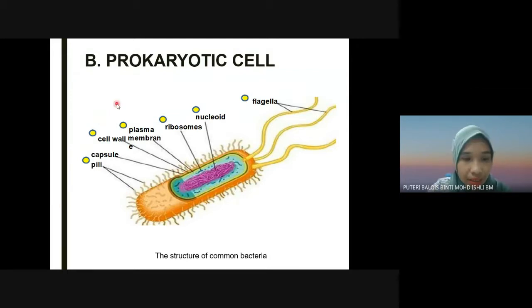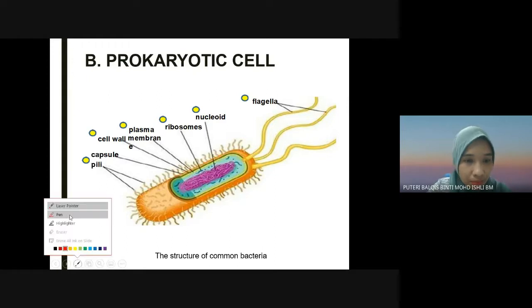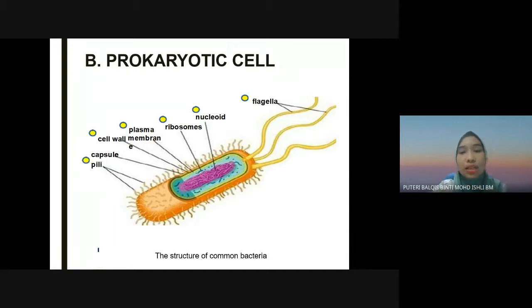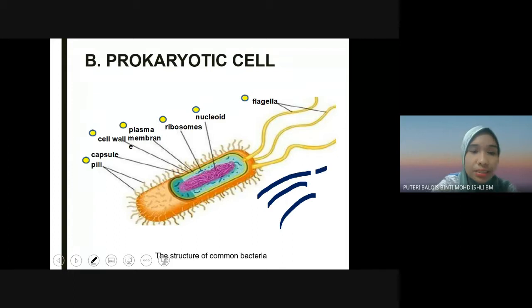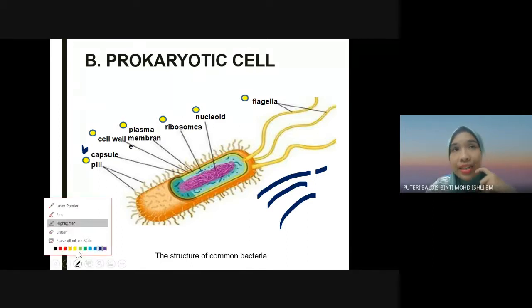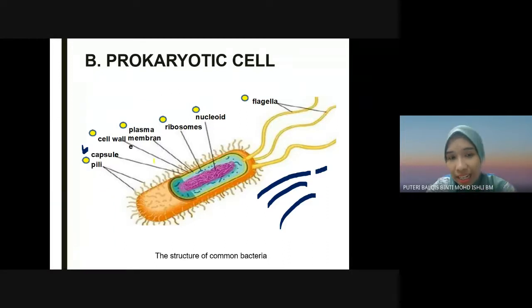So basically, prokaryotic cell has 3 layers. For example, I draw 3 layers. The first one is the capsule, the tough protective layer. Capsule ni yang akan protect prokaryotic cell.